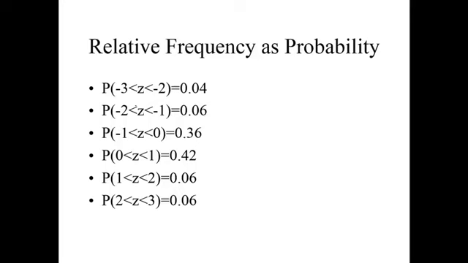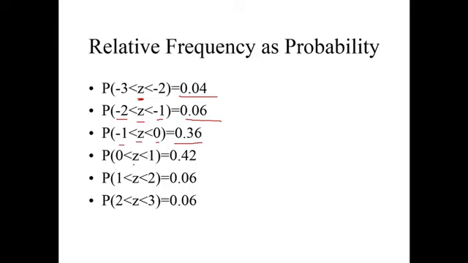So I can take this and put it in terms of probability. Call my z-score little z. The probability that little z was between -3 and -2 was 0.04. The probability that little z is between -1 and -2 is 0.06. The probability that little z is between 0 and -1 is 0.36.